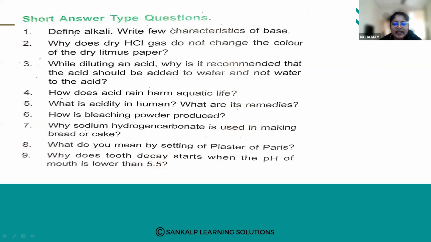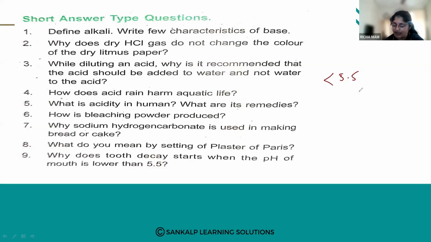Why does tooth decay start when the pH of the mouth is lower than 5.5? How are you going to answer this? If the pH in your mouth falls below 5.5, what will happen?